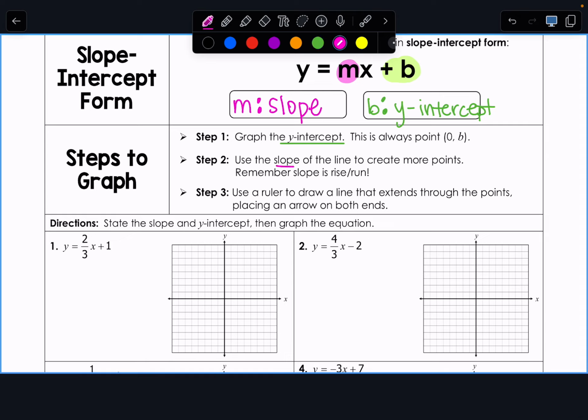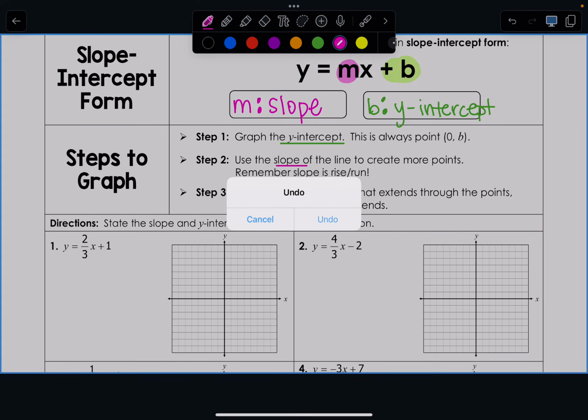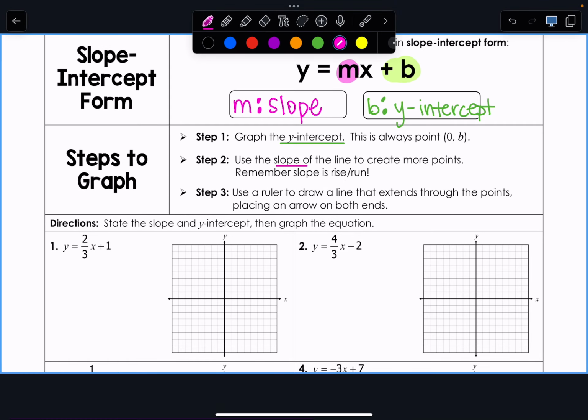Then we are going to use the slope to make a point, maybe a second point. And then we are going to draw a beautiful line. So if you can read numbers and you can count slope, we're going to be good. Okay? Can we do those things?